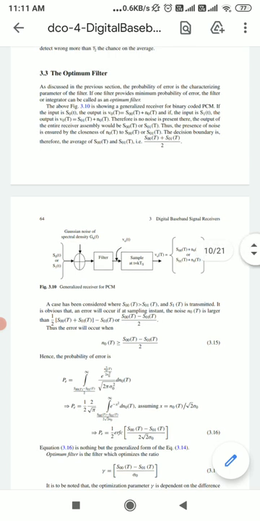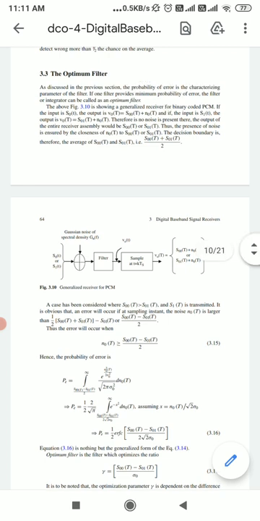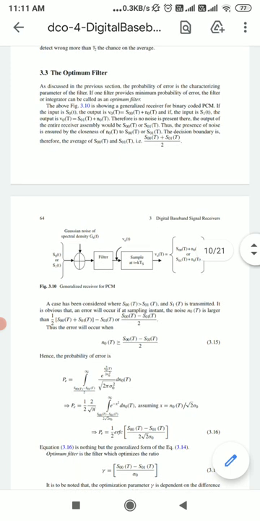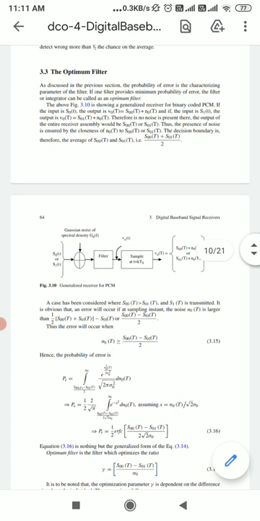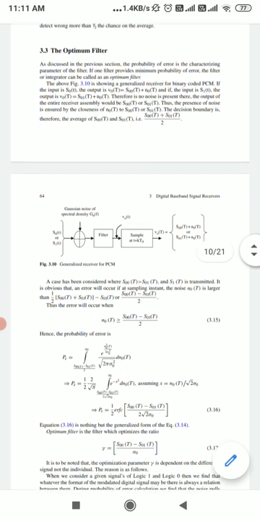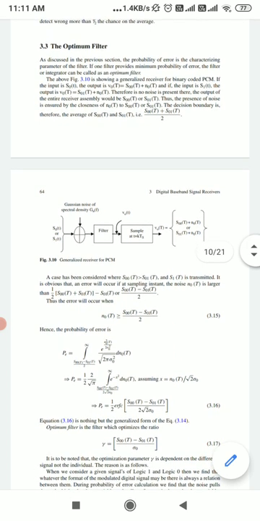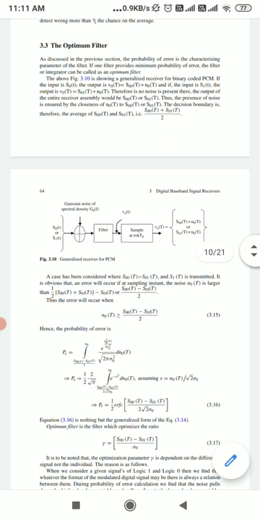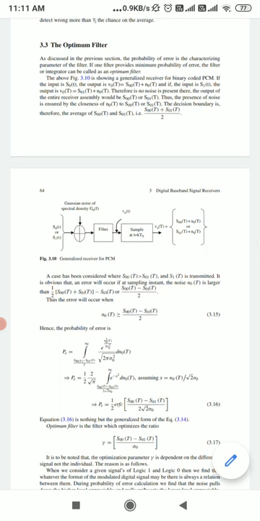So here the decision boundary we can use will give us the average of s00(t) and s01(t), that is, s00(t) plus s01(t) upon 2. When s00(t) is greater than s01(t), we can say s0(t) is transmitted.